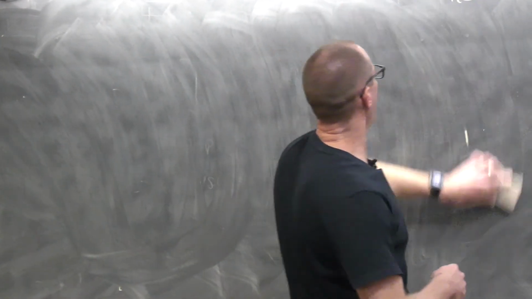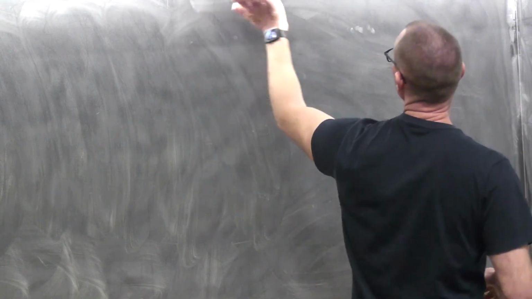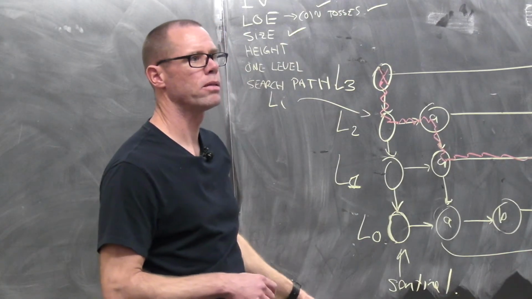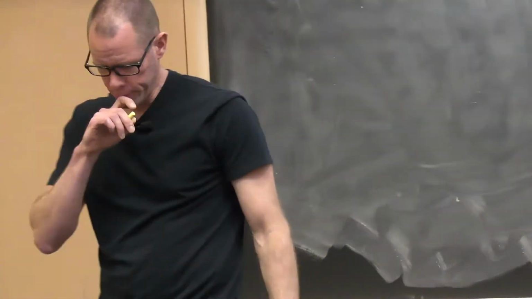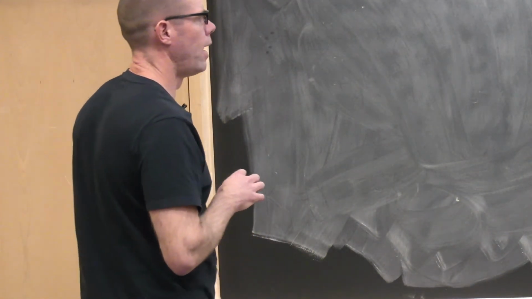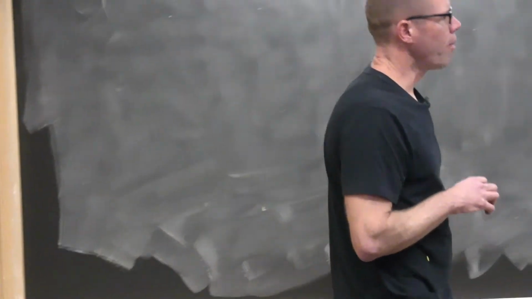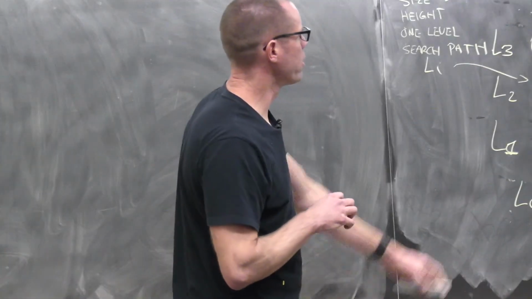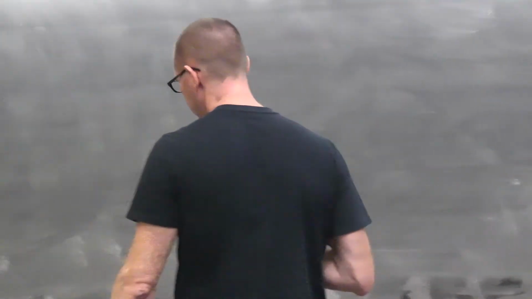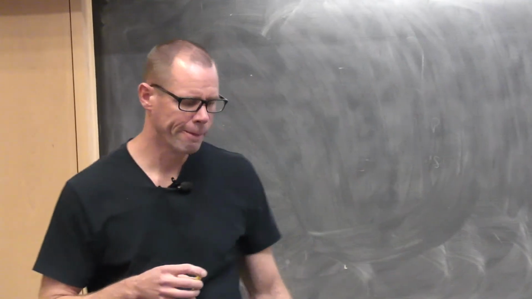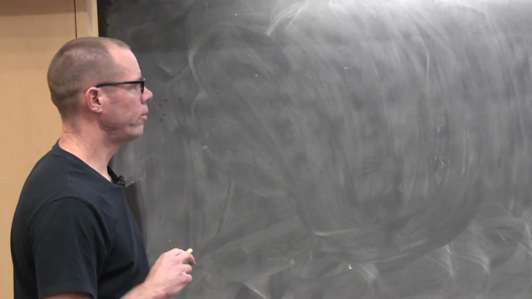So we would like to know the height of this skip list, or if you like, the number of lists it contains. That's the same as the height. Or, the maximum value of I for which L sub I is non-empty. These are all plus or minus 1. They're all the same thing.